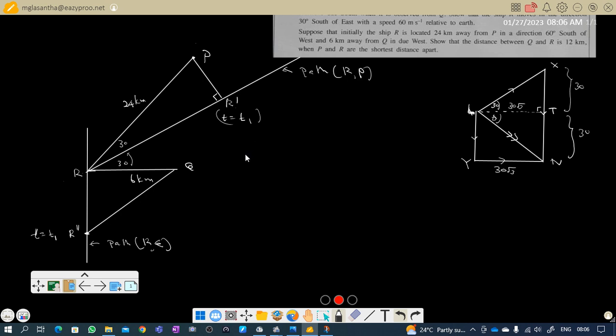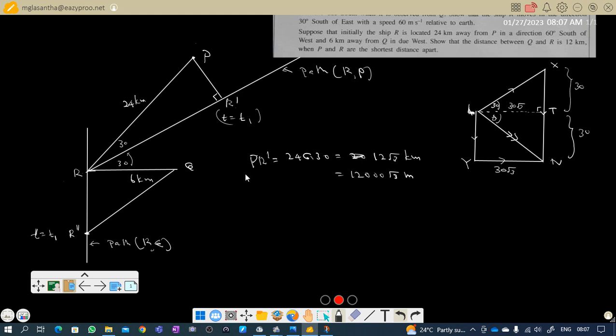So the next part is to find QR double dash. Now let's say PR dash equals 24 cos 30, that equals 12 root 3 kilometers or 12,000 root 3 meters.